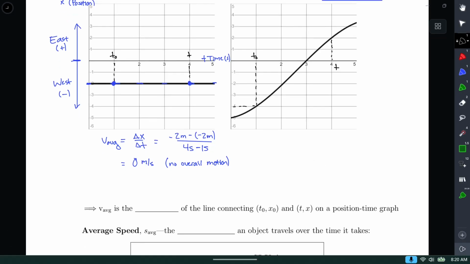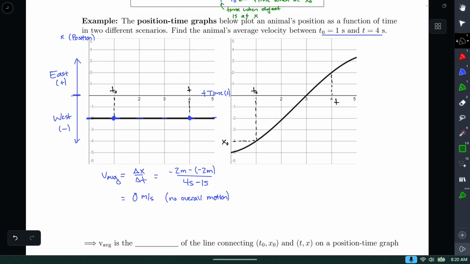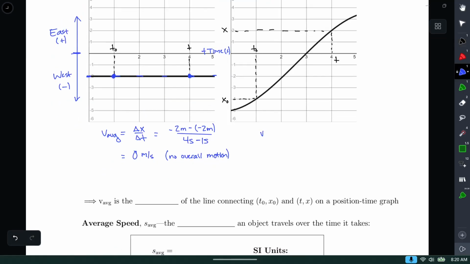So we started at -4 meters. So this animal was 4 meters west of whatever this reference point is. And we ended up at positive 2 meters, 2 meters east of the reference point. And so we still do final minus initial. So it's positive 2 meters minus the initial was -4.